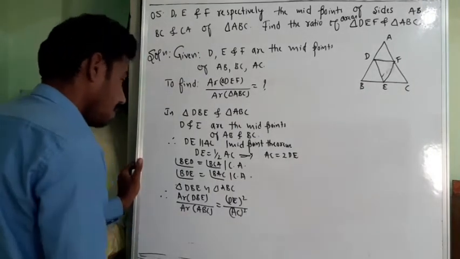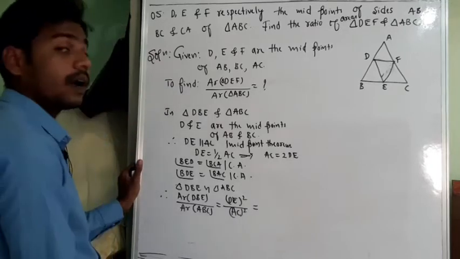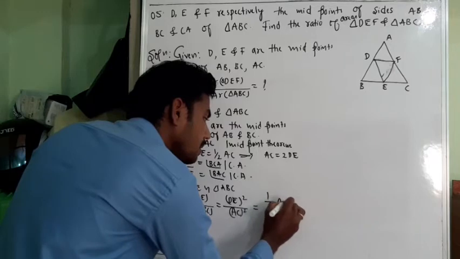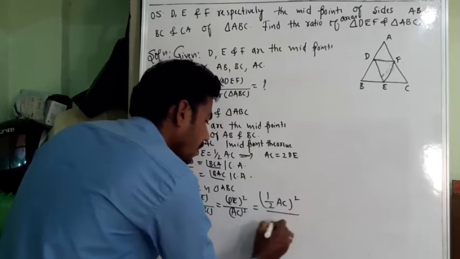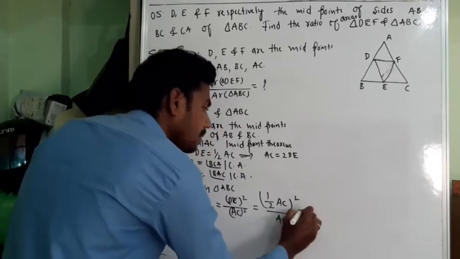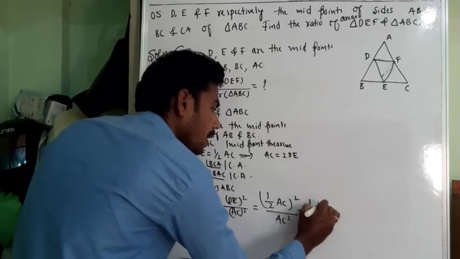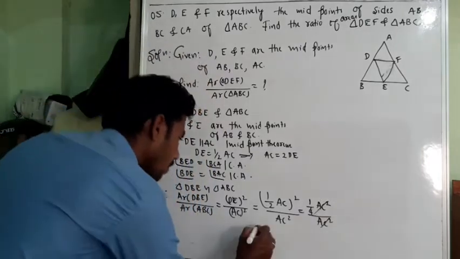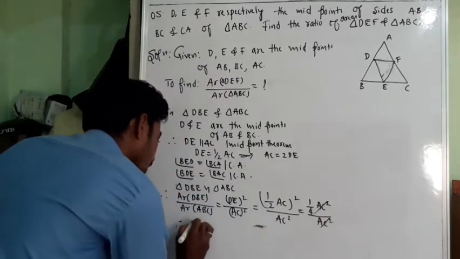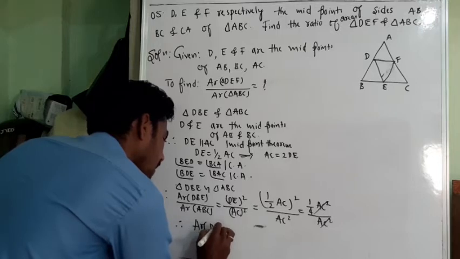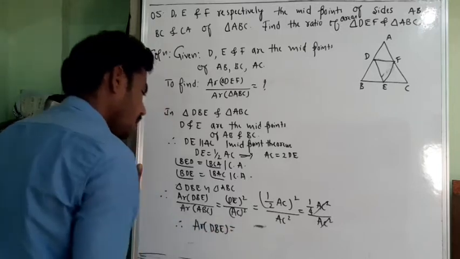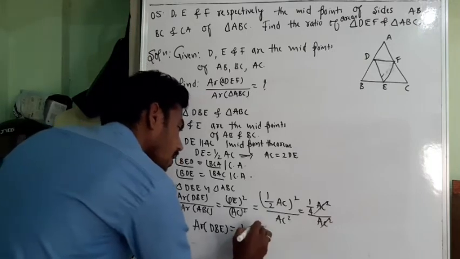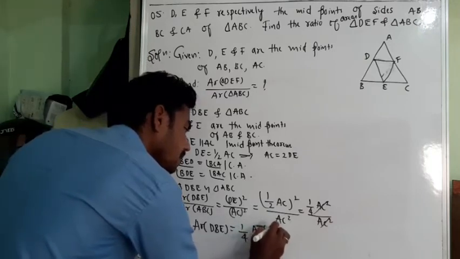Okay. So instead of DE, what can I write? DE can be written as half of AC, whole square, divided by AC square, which is equal to 1 by 4 AC square divided by AC square. So these two will get cancelled. Therefore, area of triangle DBE is equal to 1/4 into area of triangle ABC.